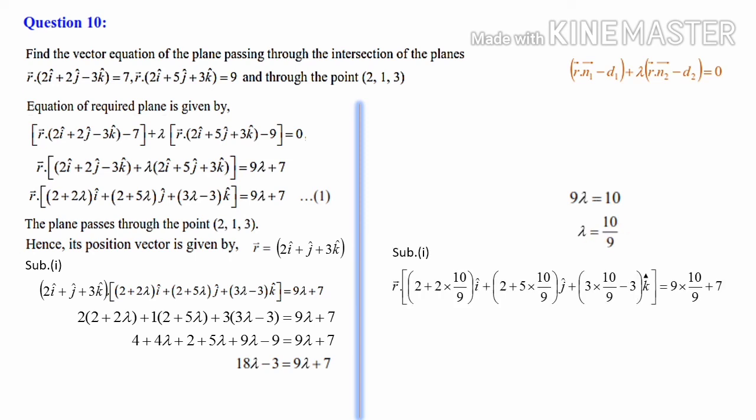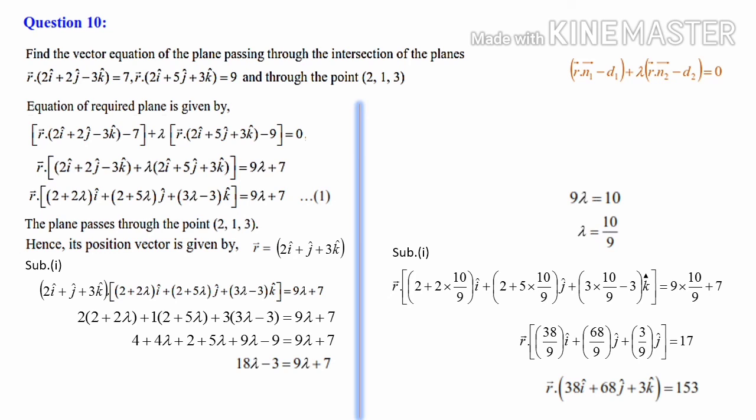As before, let's substitute it in equation number 1. That is r dot (2 + 2 lambda), we replace lambda with 10 by 9, i cap, plus (2 + 5 lambda), again with lambda as 10 by 9, j cap, plus (3 lambda − 3), that is 3 into 10 by 9 minus 3, k cap, equal to 9 lambda + 7, that is 9 into 10 by 9 plus 7.